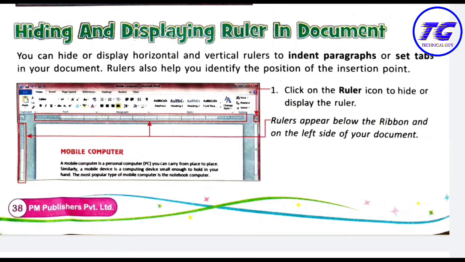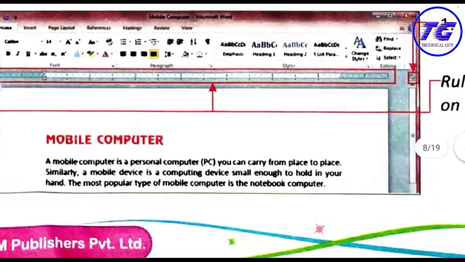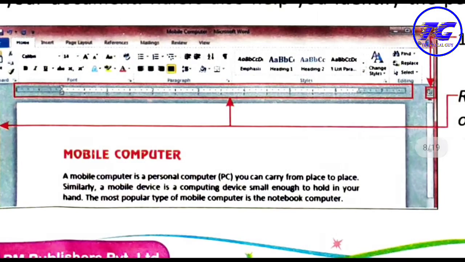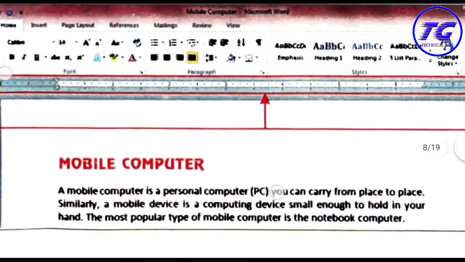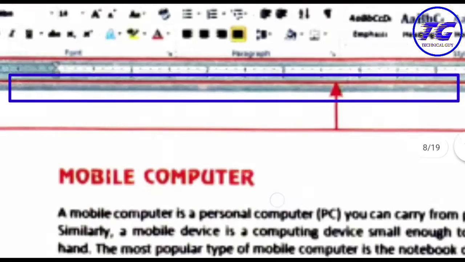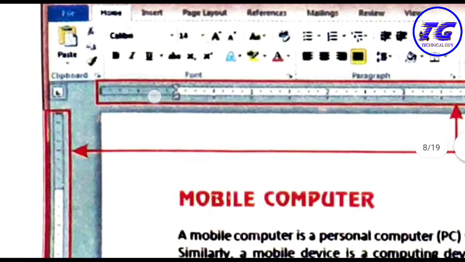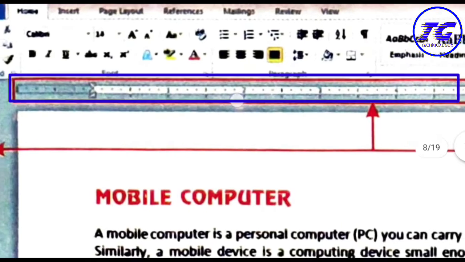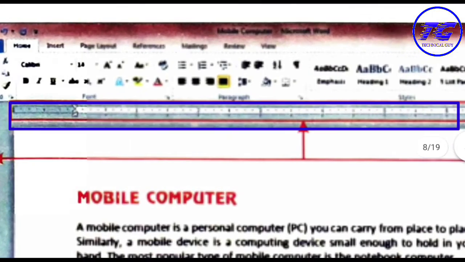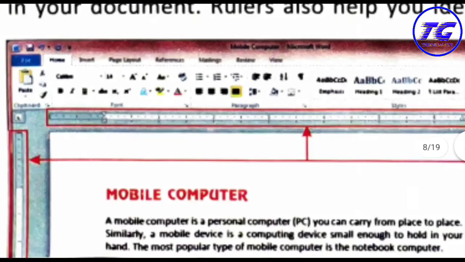Here we have hiding and displaying the ruler in the document. So what are the rulers? Firstly, you need to understand the rulers. In MS Word, there are two rulers. One is on the top of the document. So here you can see this bar, this one. So this is the horizontal ruler.